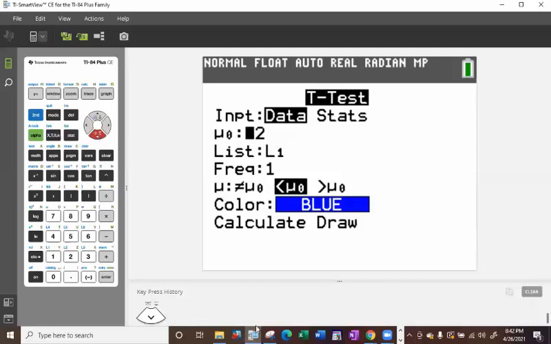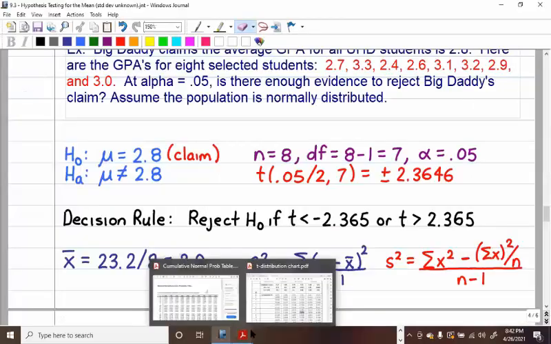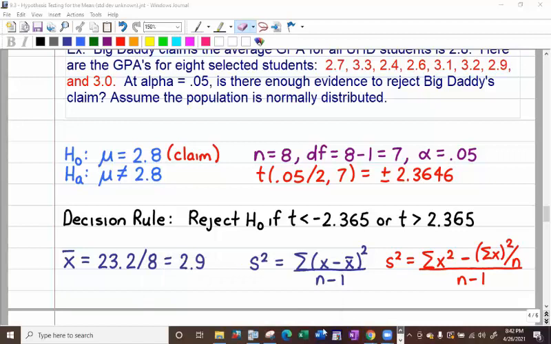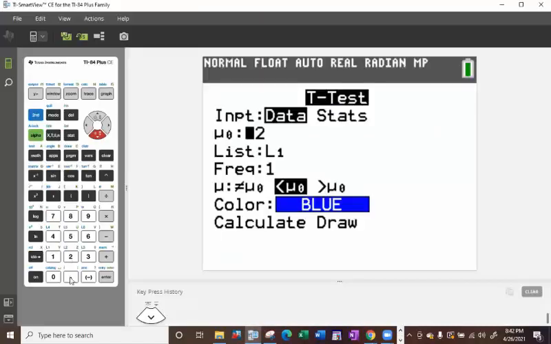All right, go back and look at this. 2.8, 8, and then, okay, everything else is in L1. That's why it's best to put it in L1. And this was a two-tailed test, so I've got to hit that.